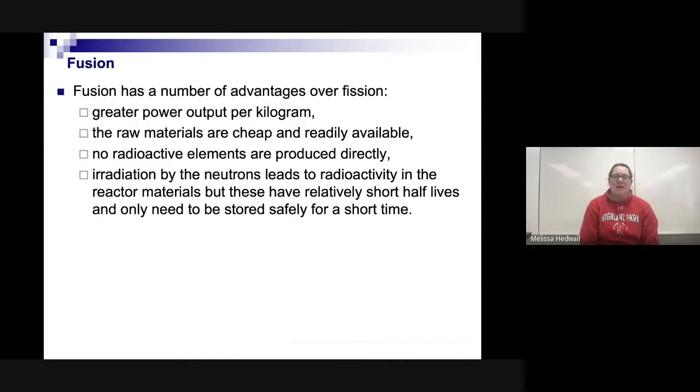And even with this, they have a really short half-life, and so they don't need to be stored for much time, and they can be contained safely and then actually disposed of completely. So it's not just like holding it while it slowly decays over time.